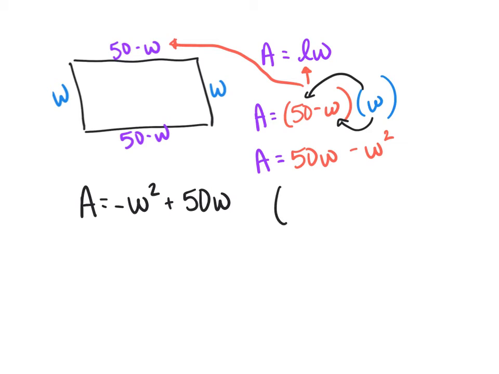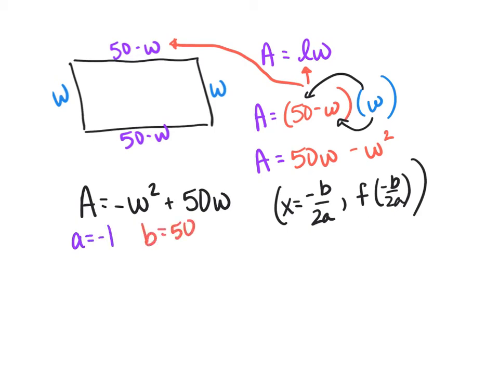The maximum occurs when X is equal to negative B over 2 times A. And the maximum value occurs when we evaluate negative B over 2 times A into the function. So what we're going to do is find negative B over 2A and then evaluate whatever that number is back into that function. And so here my A is equal to negative 1 and my B is equal to positive 50.